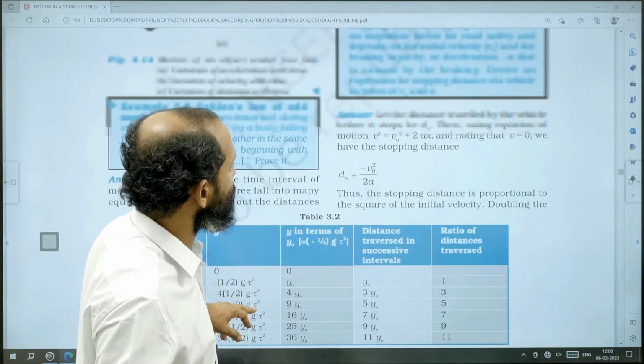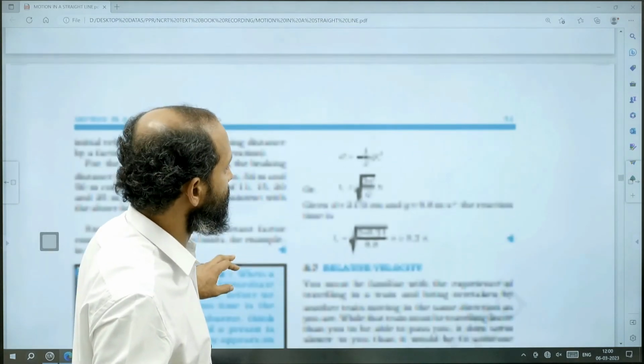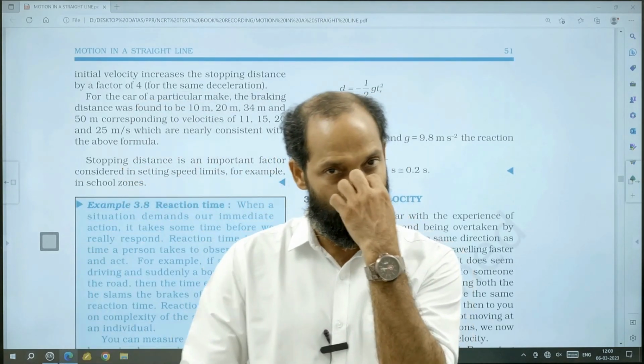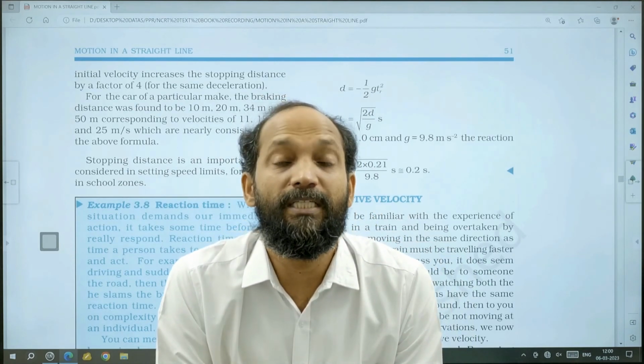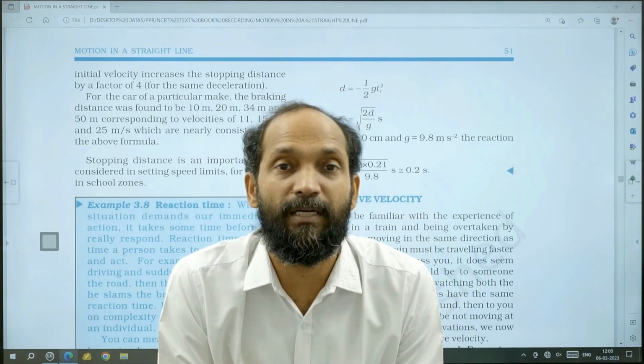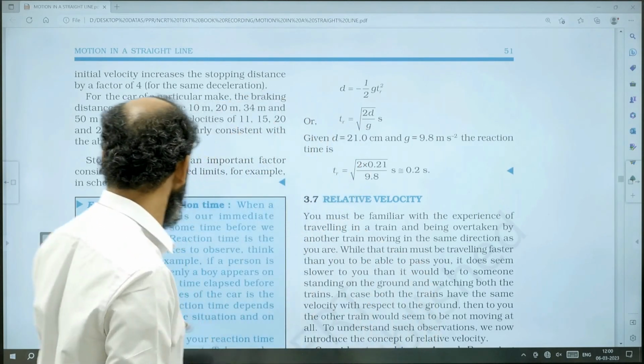Stopping distance, you don't forget. Stopping distance equations are very important. One more formula I will tell you for stopping distance. Initial kinetic energy divided by retarding force. Let me write it on the board.